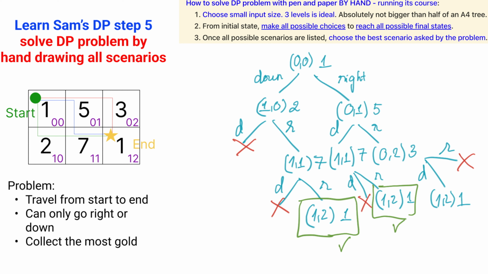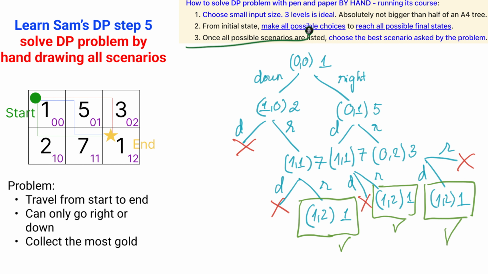So going down from here, we have another way to get to our destination. Now all of the states that we see here and all of the depth first search that we have are all of the possible scenarios, and they are listed in front of us.